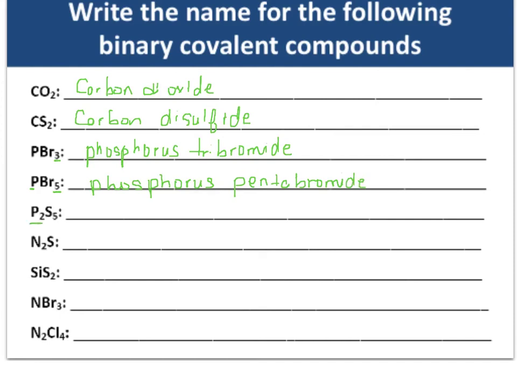Now we have 2 phosphorus, so that's diphosphorus. 5 sulfide, so pentasulfide. Notice I'm not changing anything here. I'm not leaving this A out because it's not in front of oxide. Now some of you may be thinking you need to do that, but it's not. Only remove the A or O in front of oxide.